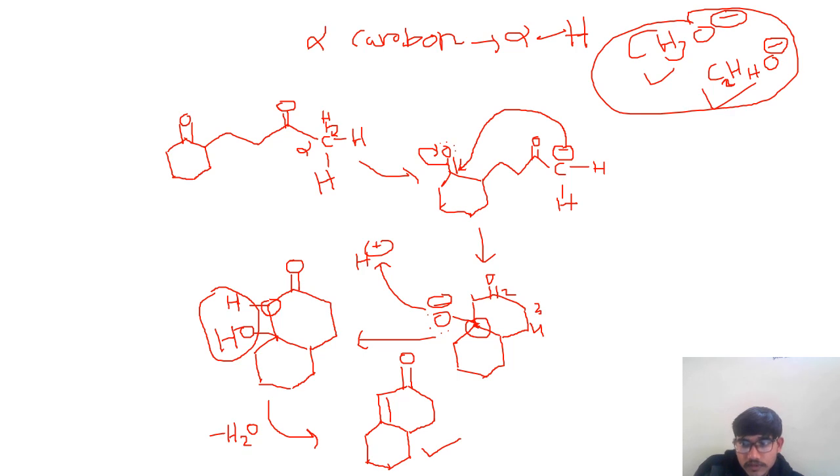Now, in a simple reaction, this is a carbonyl compound, but remember that the carbonyl compound will mostly be an alicyclic carbonyl compound which already contains one ring. And there is one alpha beta unsaturated carbonyl compound.